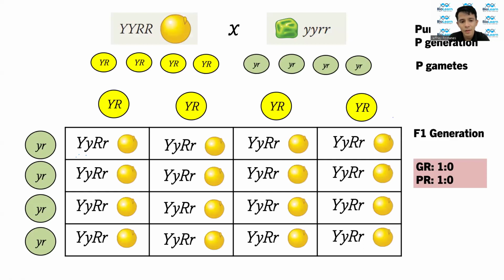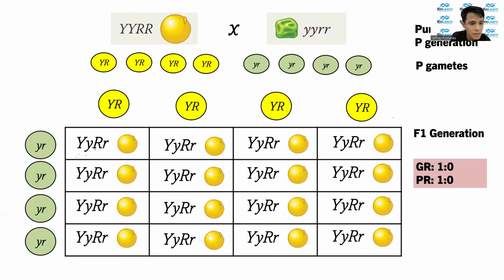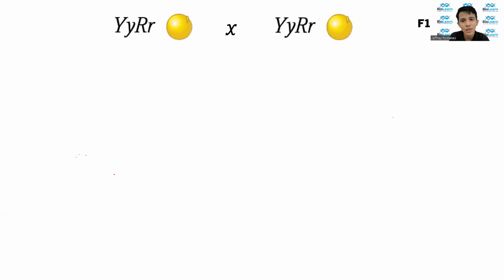Let's say we are getting this 2 here. Okay, now let's try to do the cross there. Again, in order for you to find the gametes of each parent, just perform the FOIL method here.